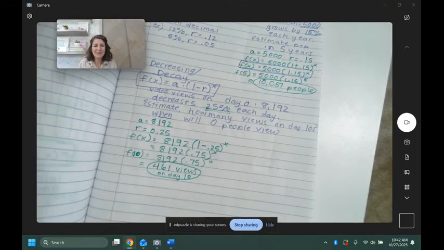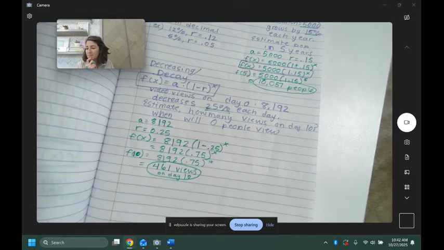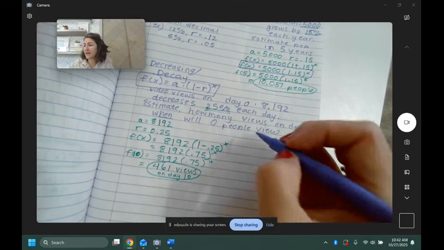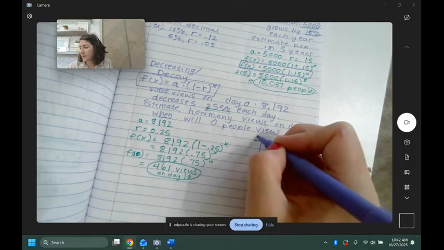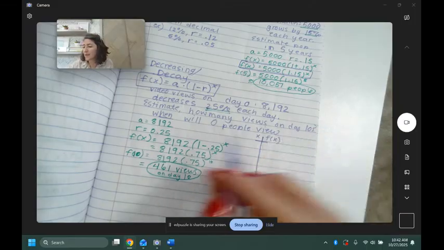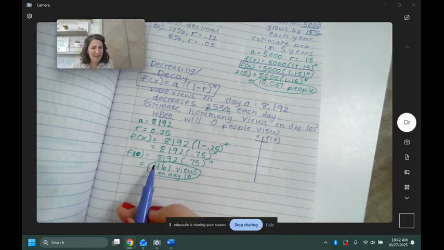Now, when will it be 0? So this is something that in later years, or I think later chapters actually, we'll get some more tools to figure out. But for here, it is just going to be kind of a guess and check. So we know it is going to be more than 10 days, because I still had 461 views on day 10.